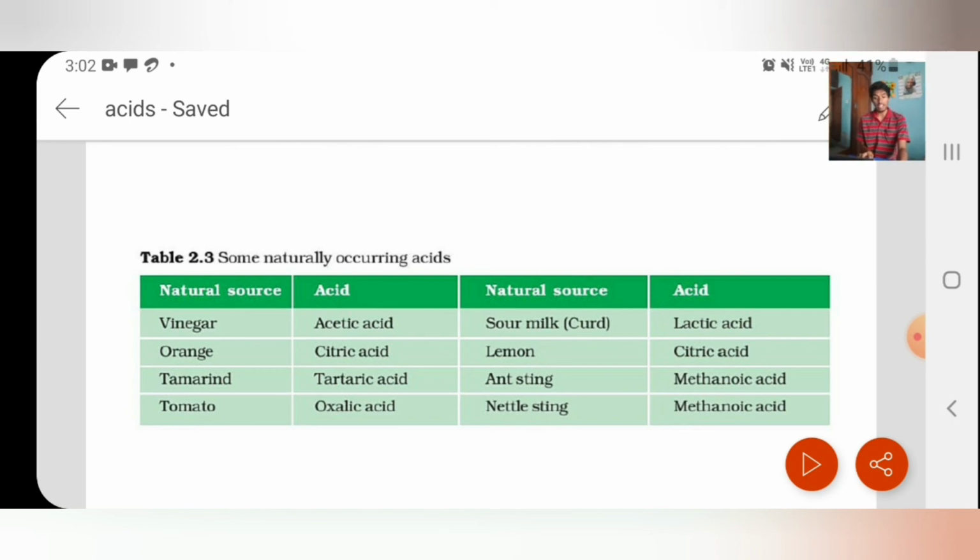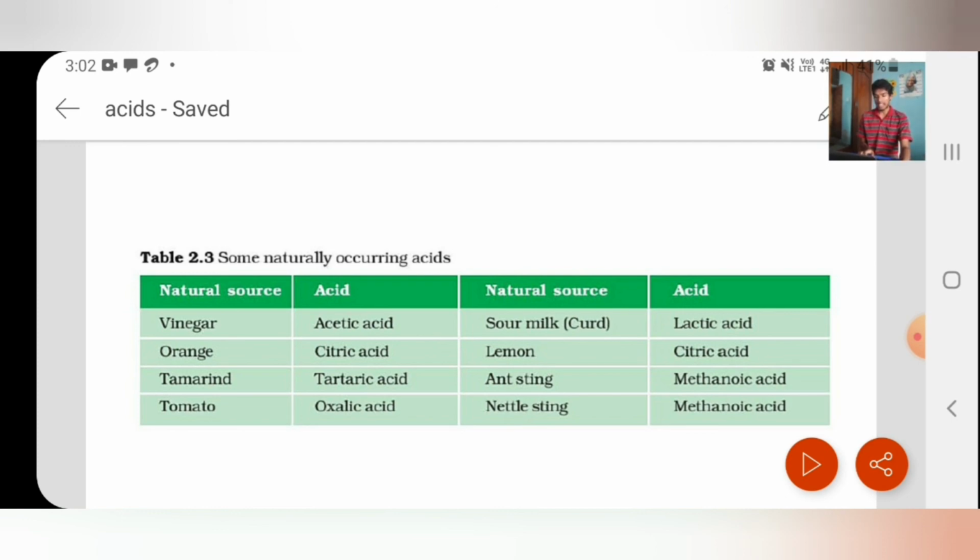Okay, similarly orange contains citric acid. Orange and lemon have citric acid in them, so that's why they taste a bit sour. Similar is the case with tamarind and tomato, which contain tartaric acid and oxalic acid.